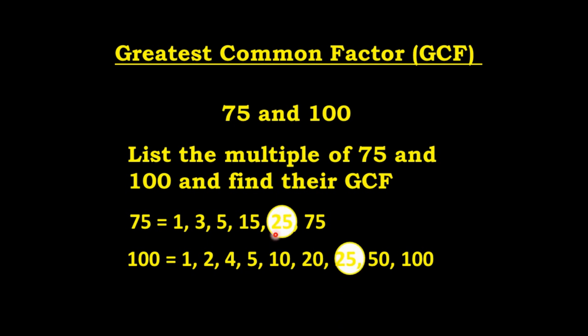This is now the GCF of 75 and 100. Okay guys, this is very important because in this lesson, we are going to deal with fractions. And once we're dealing with fractions, we need to reduce that fraction to its lowest term when it is needed. And to do that, we need to have our GCF. So this is the process to find the GCF.